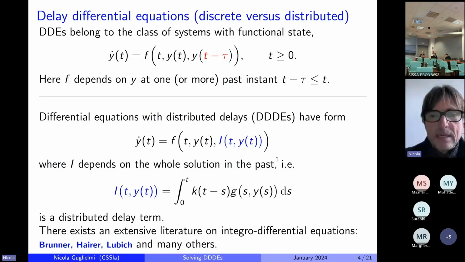I'm speaking about the step size in time, even if this problem can arise from discretization of PDEs often. And this is usually not done in the literature, where typically, also in the very famous convolution quadrature introduced by Lubich in the 90s, the step size has to be constant to exploit the properties of the method.